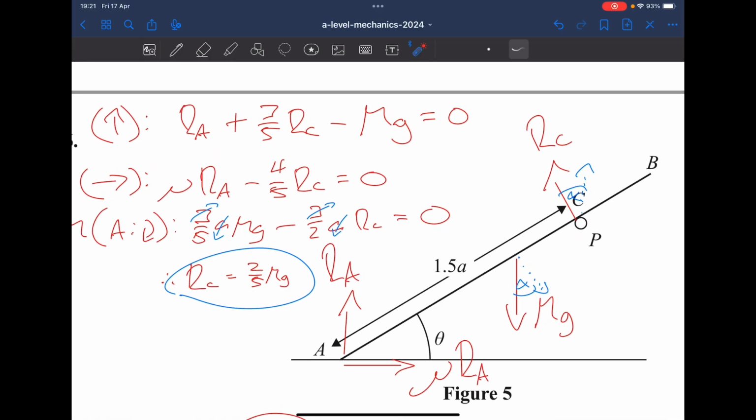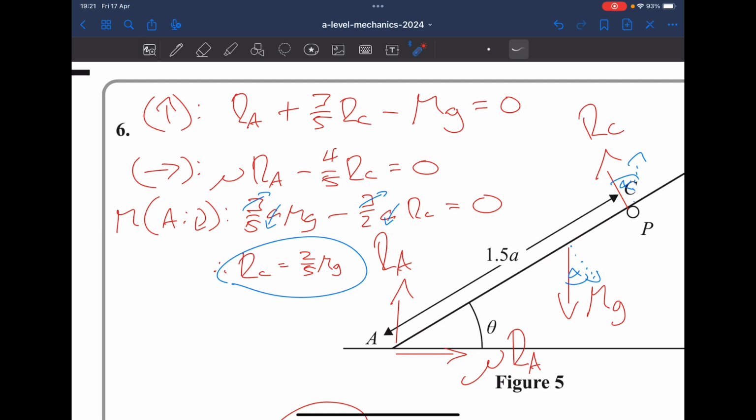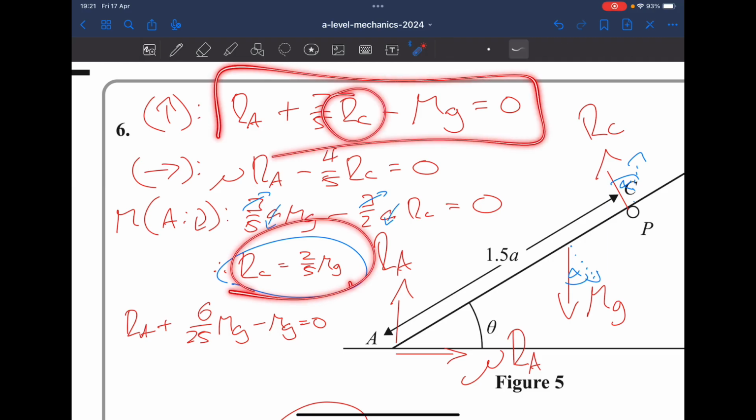Because if we look above, here we know what RC is. Let's plug that into this equation and find what RA is going to be. Well, we've got 3/5 of RC, so 3/5 of 2/5. That's going to give us 6/25 of mg. Let me just move that over a little bit. Minus mg equals 0, and still plus the RA at the front. So copying from this equation, plugging RC in.